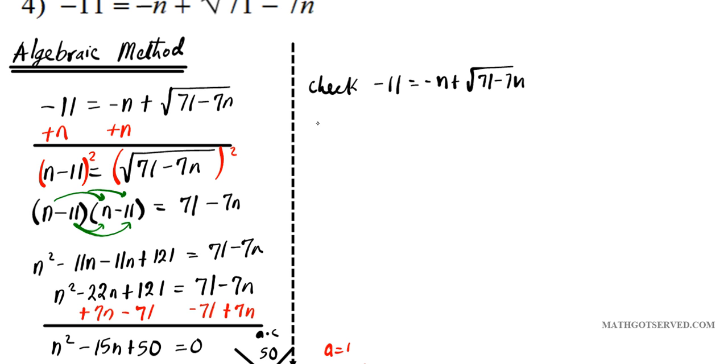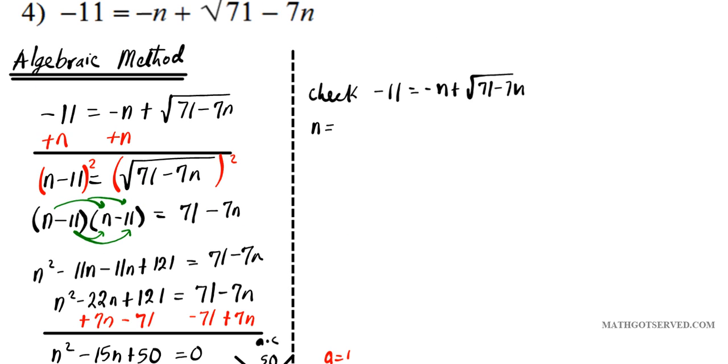All right, so let's check the first one. First answer we got was n equals 5, was it? Yes, n equals 5. So we're going to ask ourselves the question, is negative 11 equal to negative 5 plus root 71 minus 7 times 5? Is this statement true? Well, let's find out.